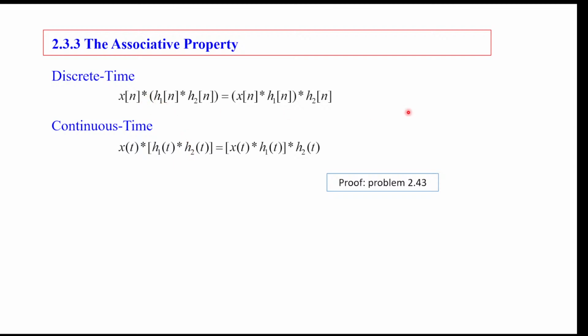So it doesn't matter what order you do your convolution in. You can convolve the second and third signals first, or you can convolve the first and second signals first, and the result is the same. The proof here we just skip. It's in a homework problem if you want to see it.